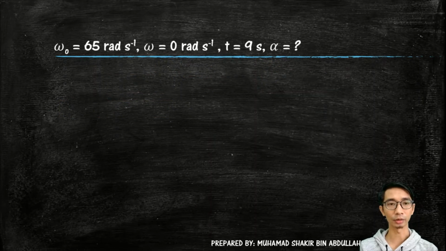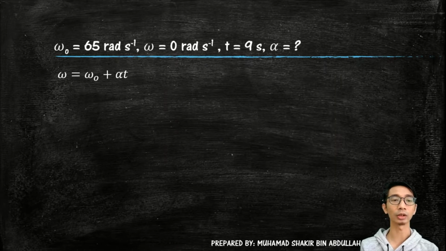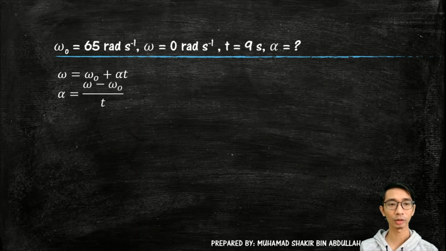So here is our working. We use the equation omega equals omega naught plus alpha t, since we need to find angular acceleration alpha. Rearranging, angular acceleration equals omega minus omega naught divided by t.